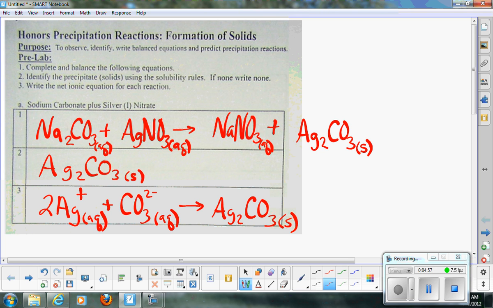Now, some of them you might have more than one thing that's solid. Some of them, you might have what they call slightly soluble. Now you're trying to predict if you will see this or not. Slightly soluble, there we go. So what you want to do is, if you end up with a slightly soluble, make yourself a key, maybe make it a star, and put a star next to it in your equation, and then you go down so that when you finish, you know that was slightly soluble.